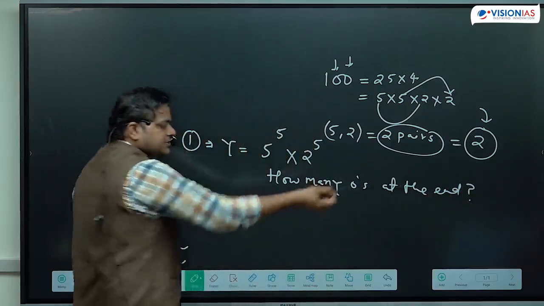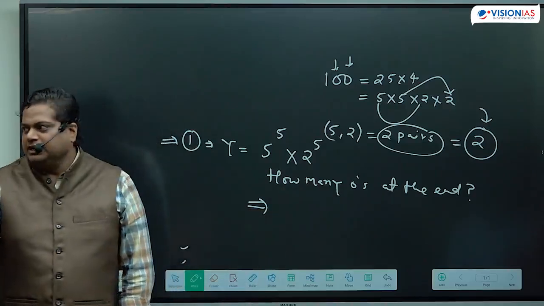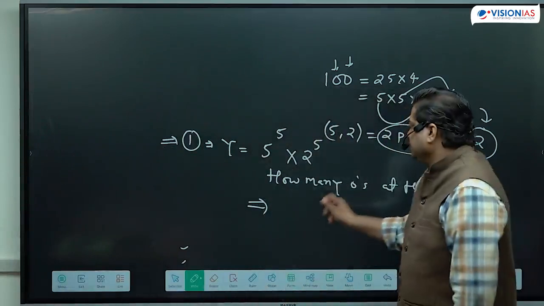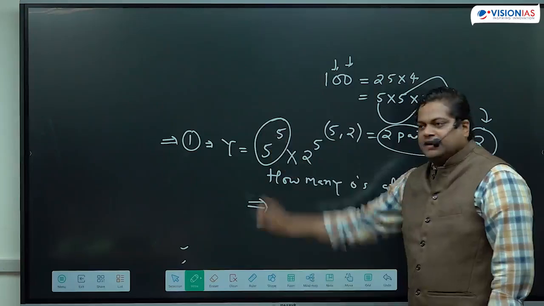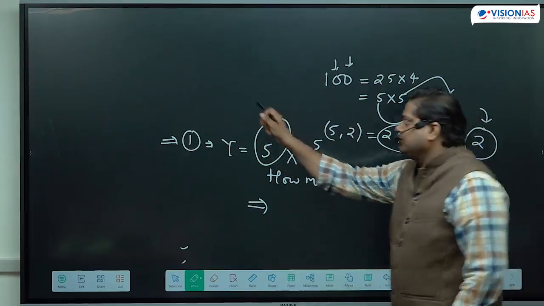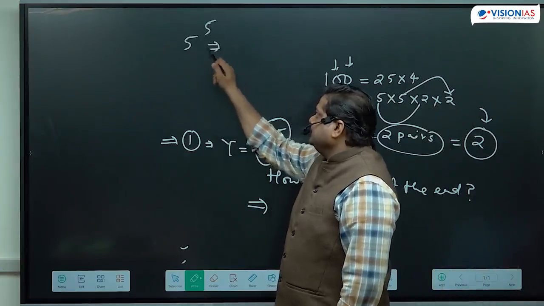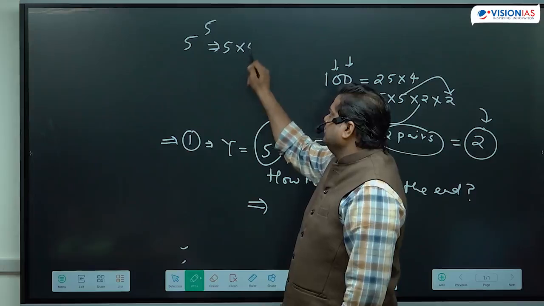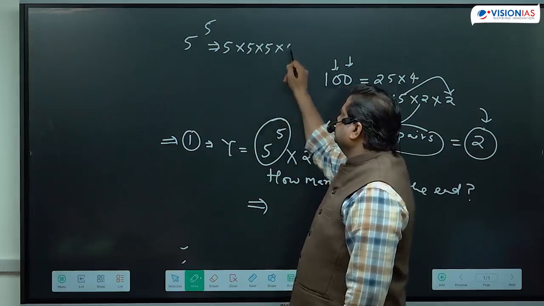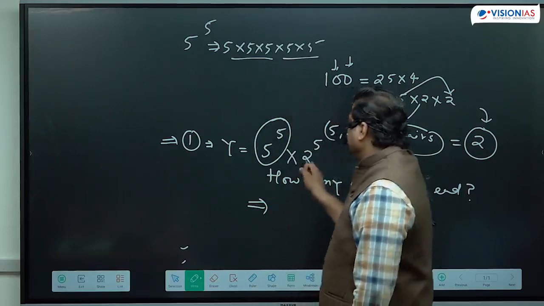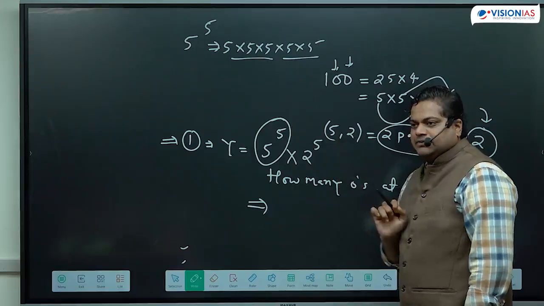So simply, that means we need to look for 5 and 2 के how many pairs we can make. तो 5 is coming 5 times. 5 के पावर 5 का मतलब 5 is coming 5 times. 2 के पावर 5, that means 2 is coming 5 times.